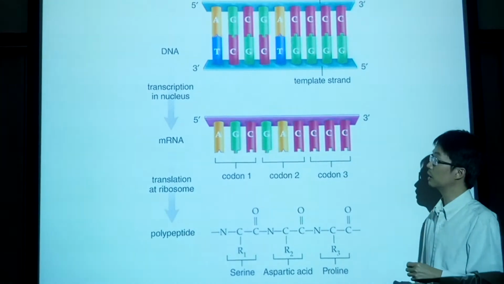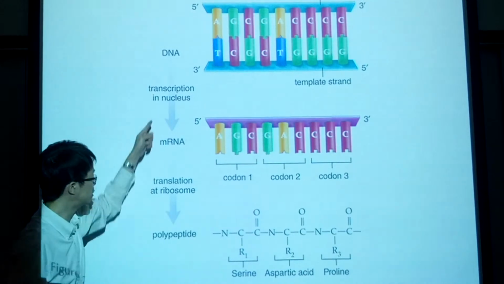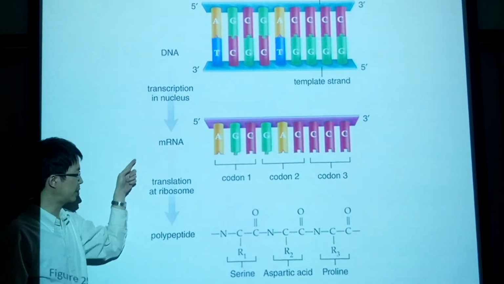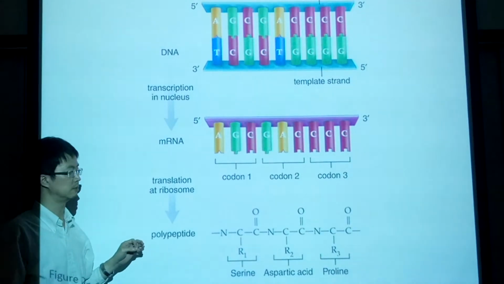So let's take a look at here. This here, from DNA to messenger RNA, from messenger RNA to polypeptide, we call this central dogma.